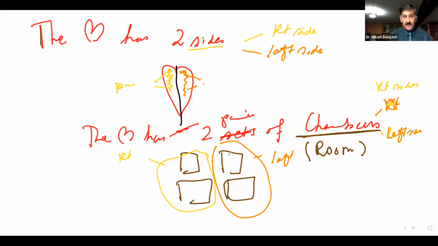These 2 rooms or chambers on the left side will make up the left side heart. Is that clear? Now, guys, if we take the same heart and say, well, we have 4 rooms.